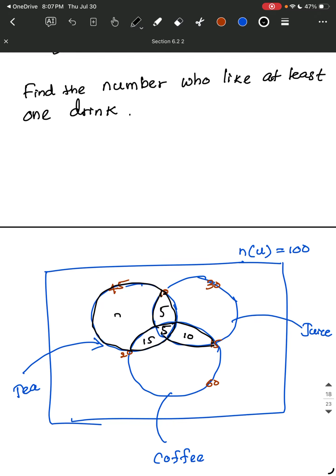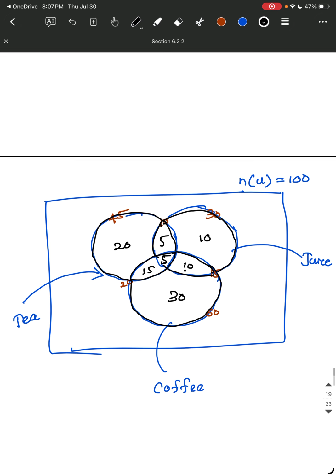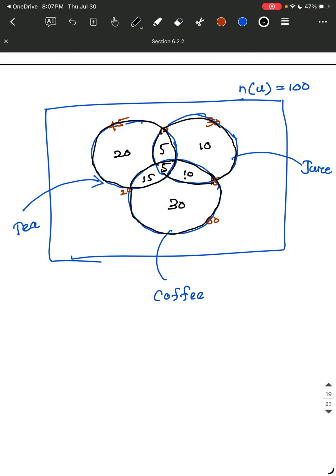This entire circle equals 30, and 10 here. This entire circle equals 60, and 30 here. Then you can easily find out all the values: the persons who like tea only, tea and coffee only, juice only, coffee only, everything. Okay, let's apply the inclusion-exclusion formula.